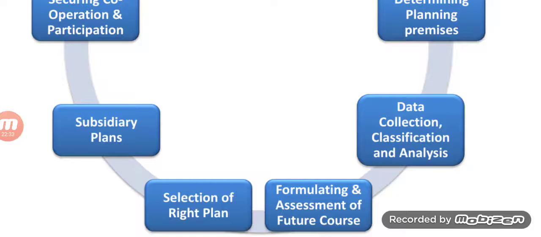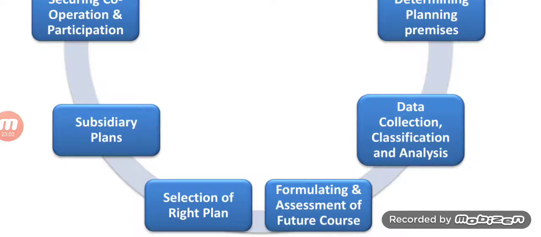So here selection of right plan, after the assessment of all the alternative plans, the most favorable plans have to be selected. For proper evaluations and assessment, statistical and mathematical techniques can also be used. There are various selection criteria for the plans like cost efficient, profitable, development, change, etc. This is a decision making stage which requires careful study of all the relevant issues.